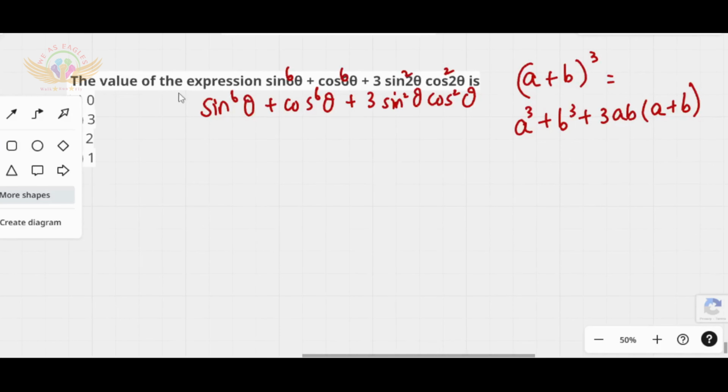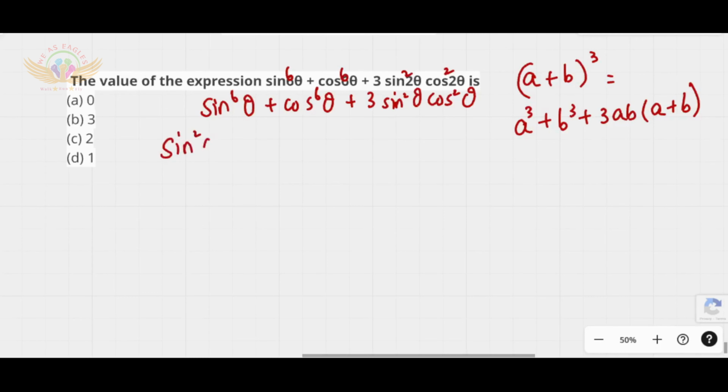We have an identity, that is sine square theta plus cos square theta is equal to 1. So what I'm going to do is take this identity and cube it on both sides. When I cube it on both sides, I can use my a plus b whole cube formula. Let us use this.